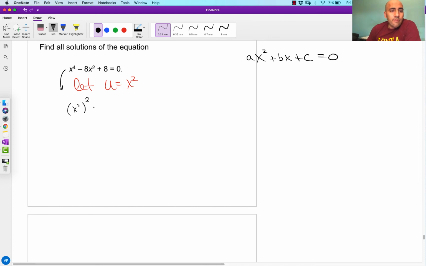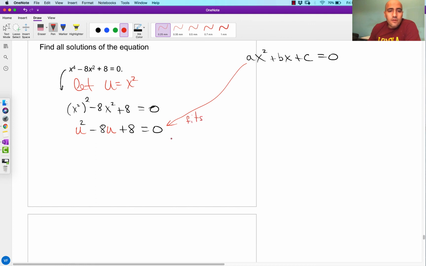That's x to the 4th power, minus 8x squared plus 8 equals 0. And now I can do this substitution where I let u equal x squared, and I get u squared minus 8 times u plus 8 equals 0. And now I have a quadratic in disguise. This is going to fit this form.